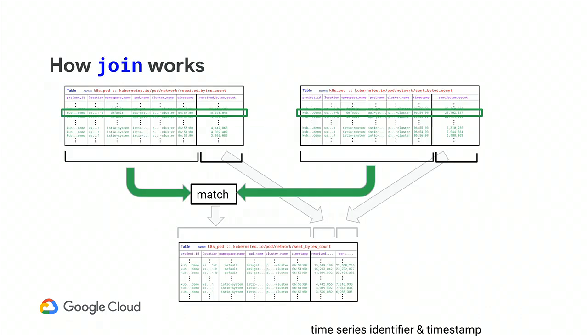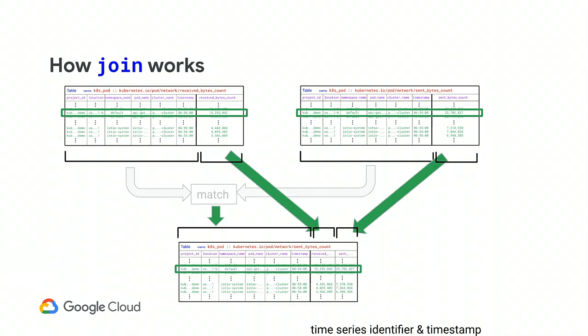Basically, it's 2 steps. The first step, you're looking at every pair of rows, one from each of the 2 tables, and asking, do they match up in the time series identifier fields and the timestamp field? And when they find a pair that does, we say we have a match, and we're going to combine those two input rows into a row in the output table.